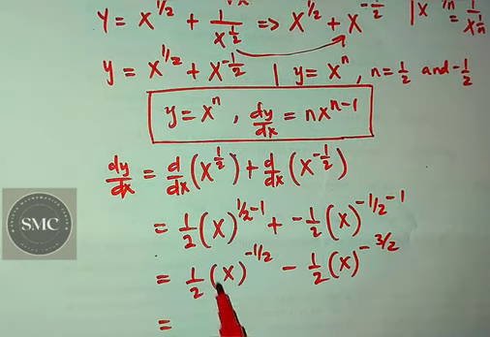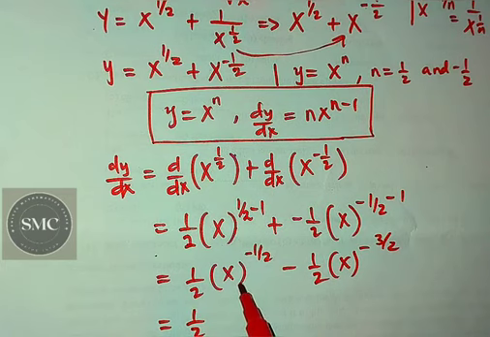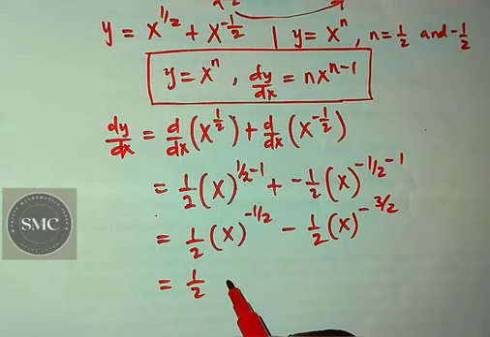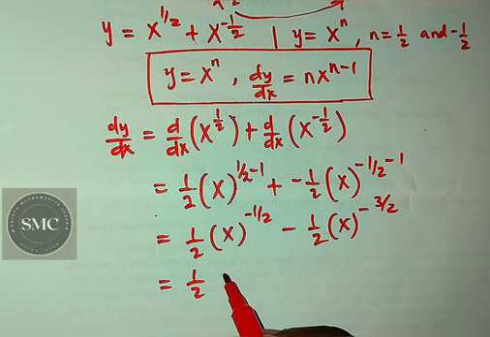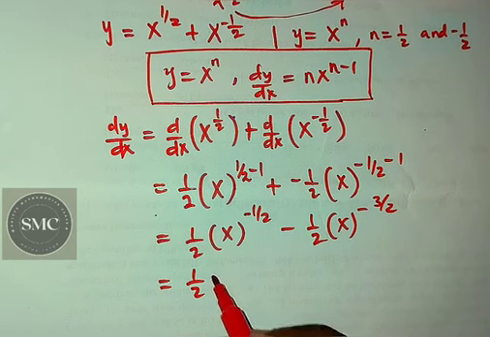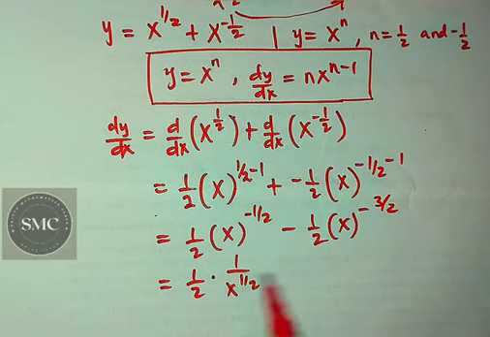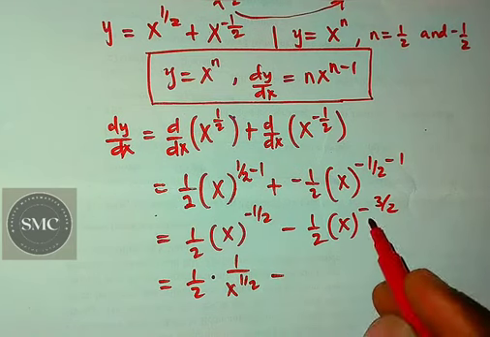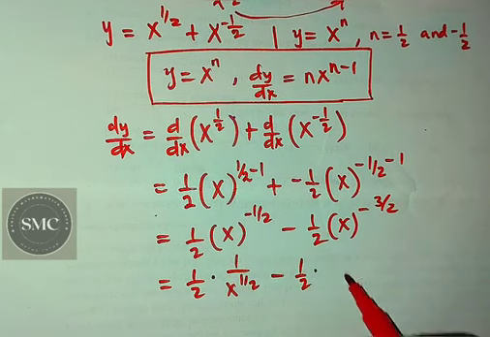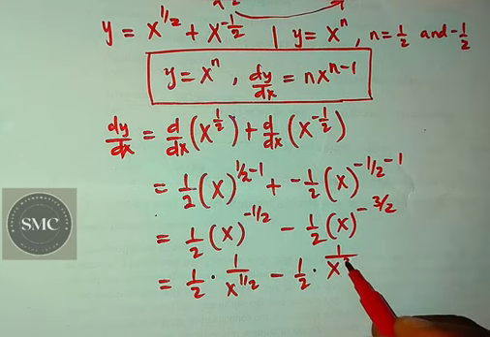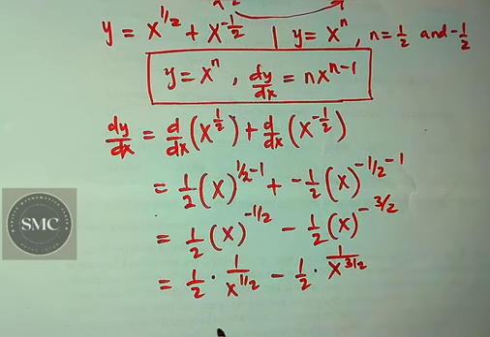So now I can have this as 1 over 2, then writing this in a shorter form from the index form, this is going to be 1 over 2 multiplied by 1 over x to the power 1 over 2, then minus 1 over 2 multiplied by 1 over x to the power 3 over 2. So we have 1 over 2 times this.